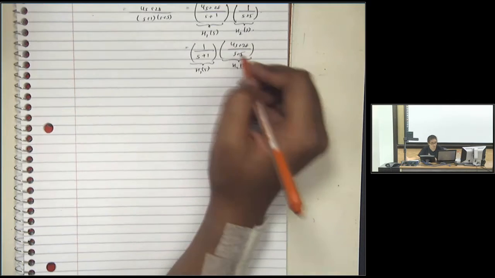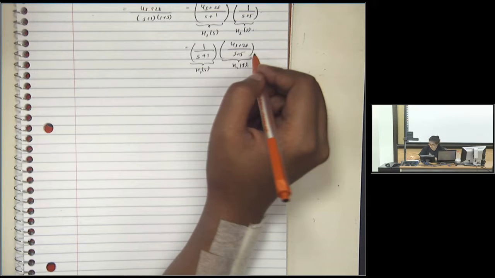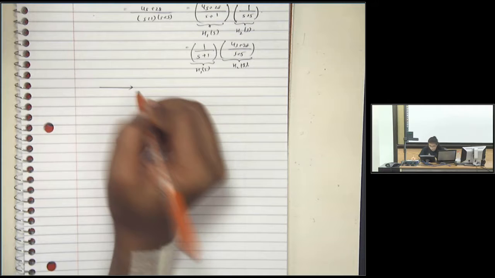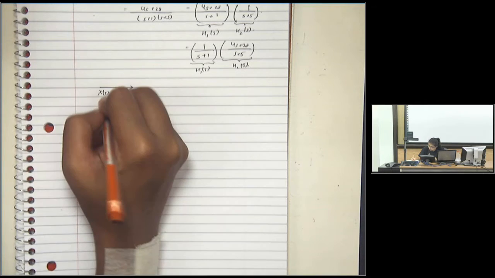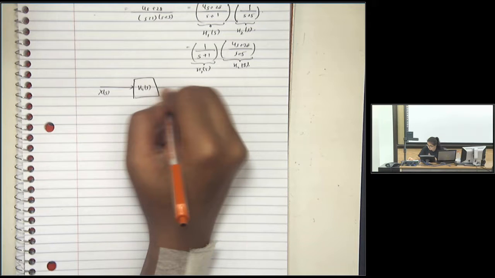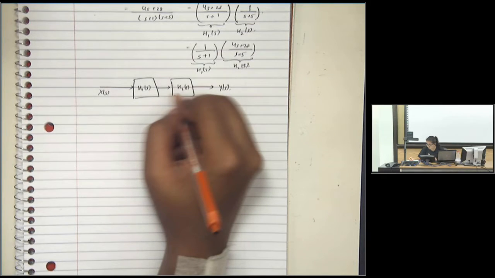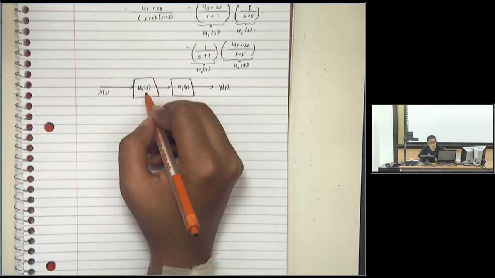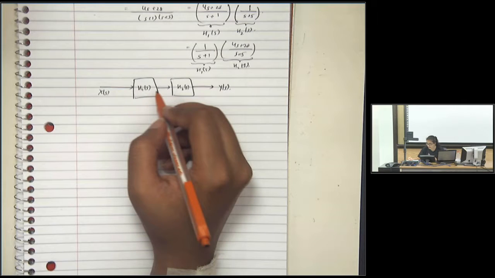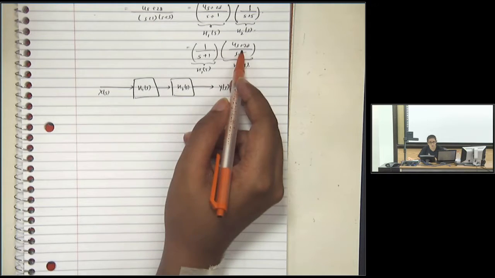Either way, this is our cascade realization, wherein in block diagram terms, first I'll have H1(s) followed by H2(s). How does this follow? In time domain, this will be convolution of h1 with h2, and in s domain, it's the multiplication of these two.